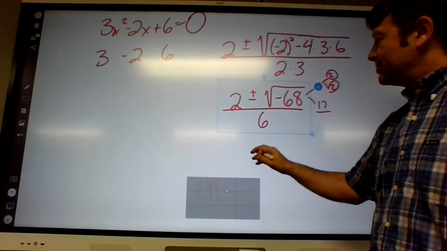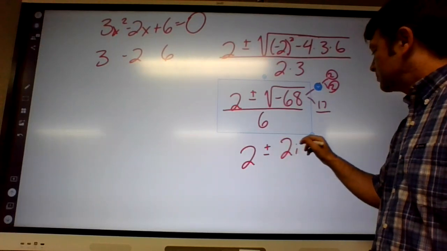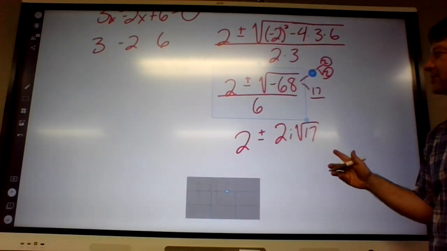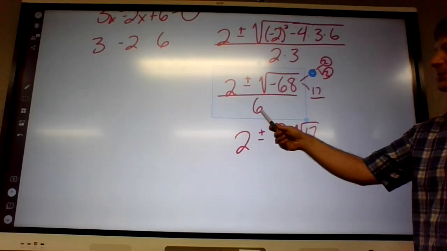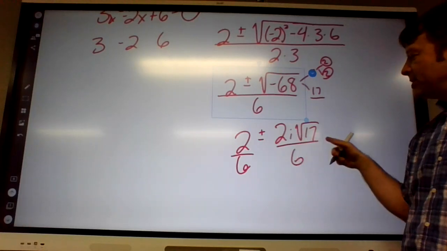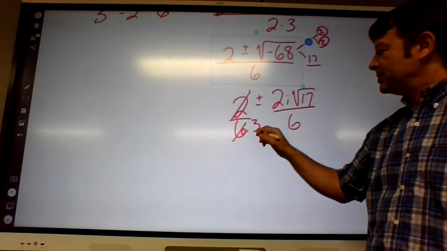But there's an i, so just like that problem we did earlier. How do we do this though? What do I do with the 6? What if you put it under both. Also my i should be up here. It's outside. 1/3 plus or minus. 2 6 reduces to 1/3.